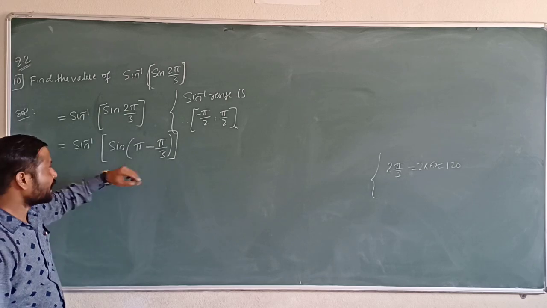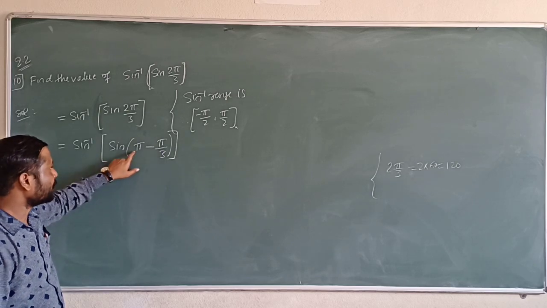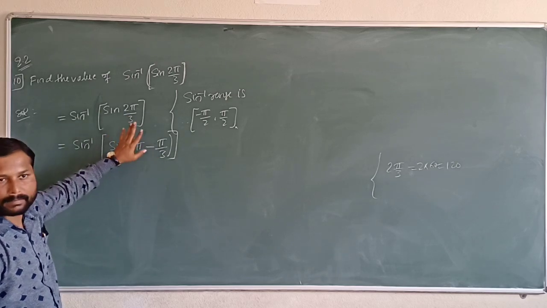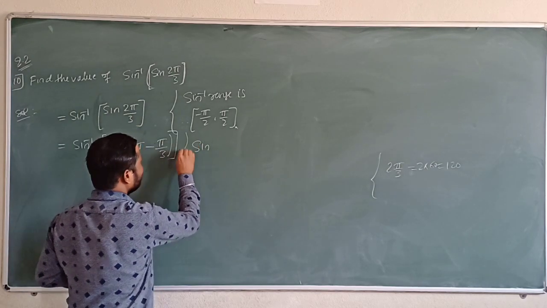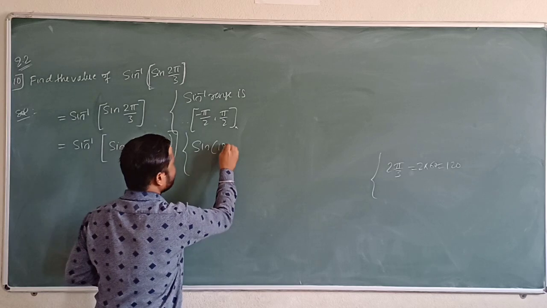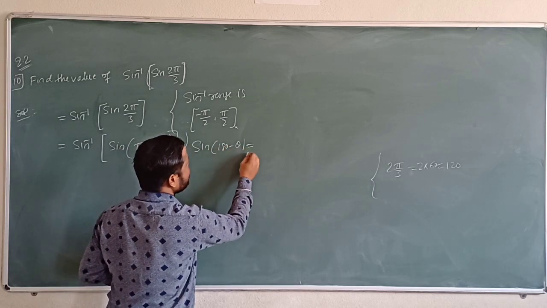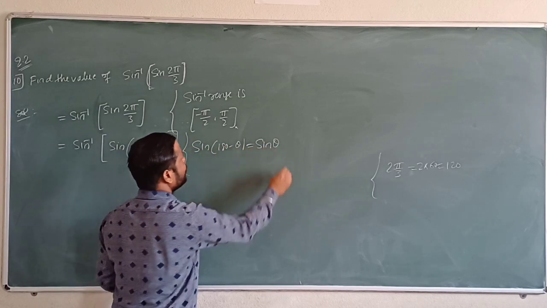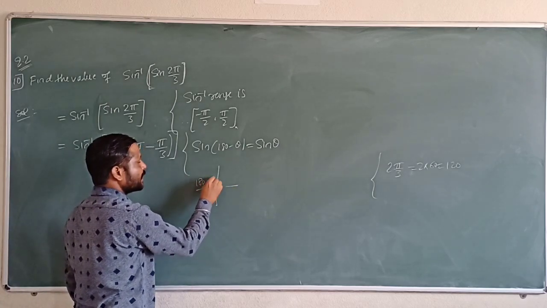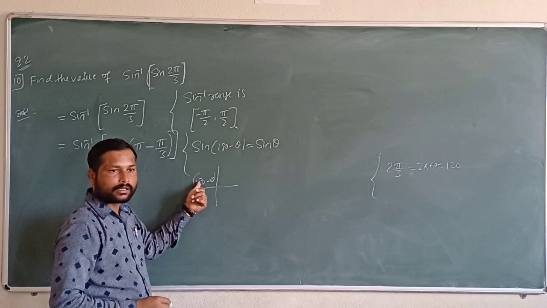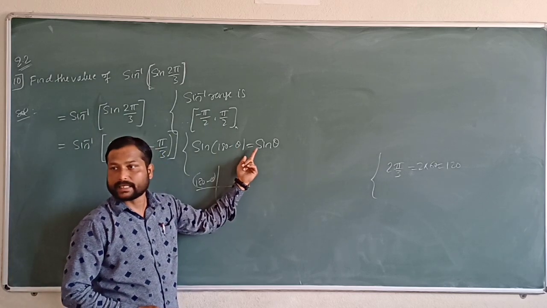Simplify this and the same comes: 3 pi minus 1 pi, that is 2 pi by 3. Right? We know that, what is the sign of 180 minus theta? It is plus sin theta, because 180 minus theta lies in which quadrant? The second quadrant. In the second quadrant, the sign is positive.